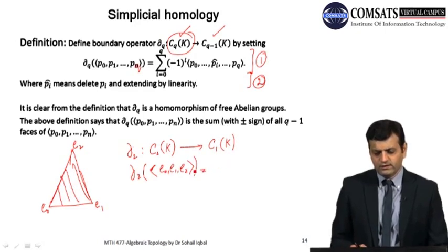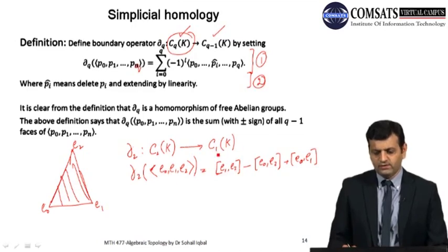When we delete E0, (-1) to the power 0, it becomes [E1, E2], and then when we delete E1 we get minus [E0, E2], and plus [E0, E1]. So this is [E1, E2] minus [E0, E2] plus [E0, E1]. Basically a sum of 1 simplices with plus and minus signs.